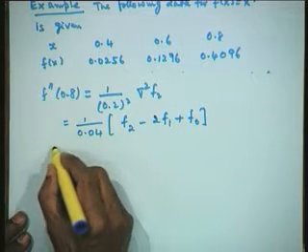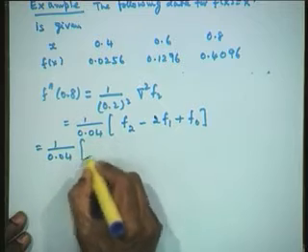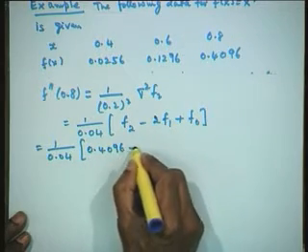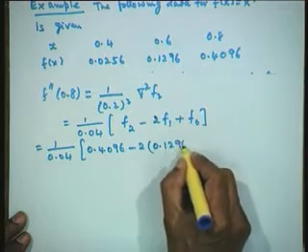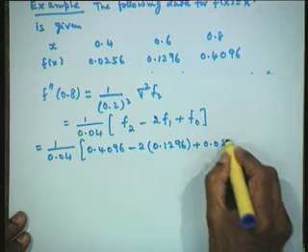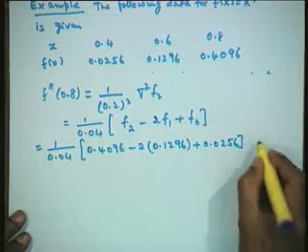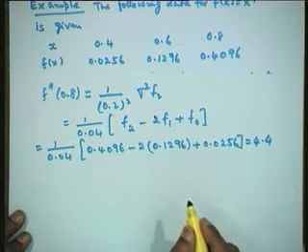So, let us substitute these values: 1 upon 0.04, f 2 is the last value 4096, minus 2 times the middle value 1296, plus f 0, 0.0256. Now, I can find its value, it comes out to be 4.4.